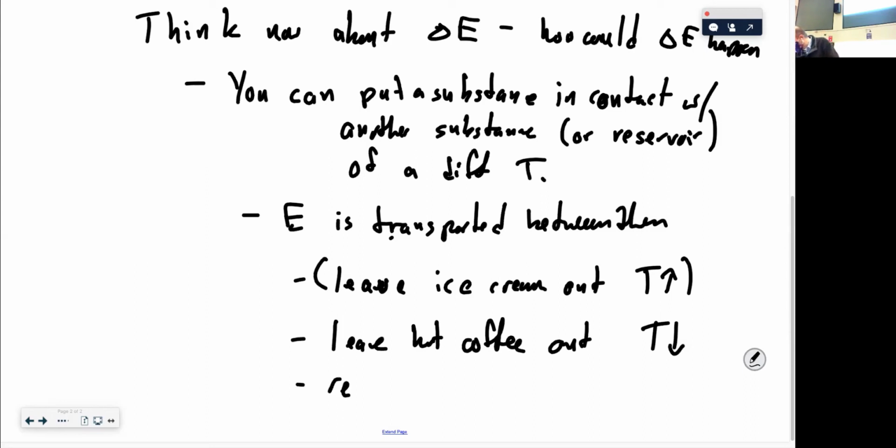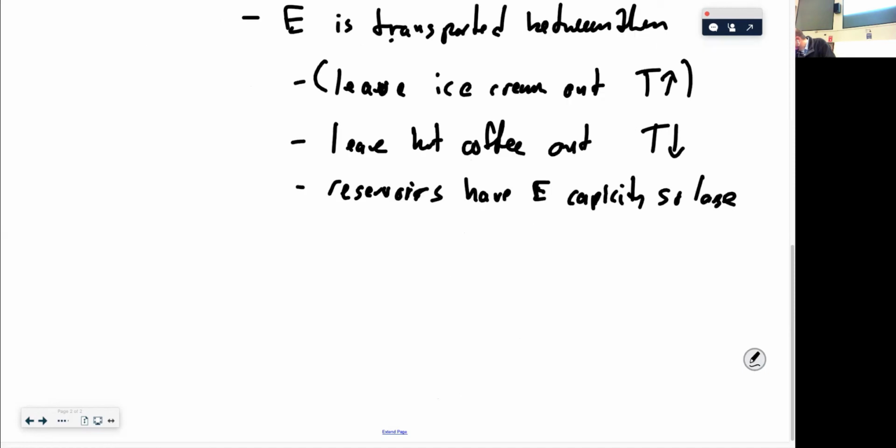So reservoirs have energy capacity so large that delta E does not change temperature.